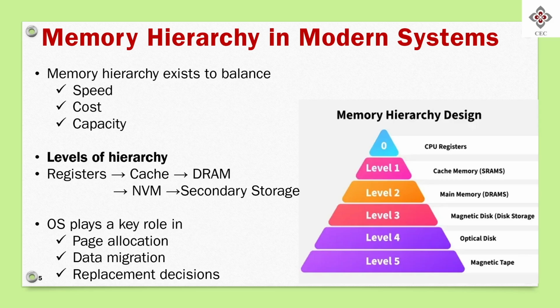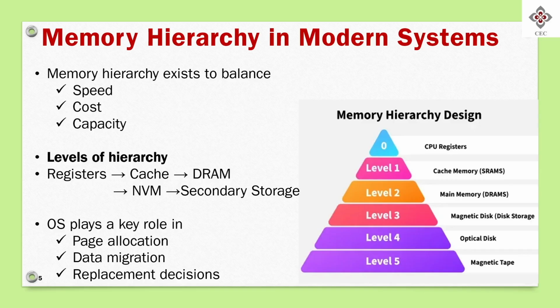Then we go for dynamic RAMs. Here we have the main memory. The main memory size is a little bit larger compared to cache, but it loses the content as soon as the power is switched off, it is highly volatile. Then we go for the level 3 memory, which is the magnetic disk, which has a larger memory capacity.